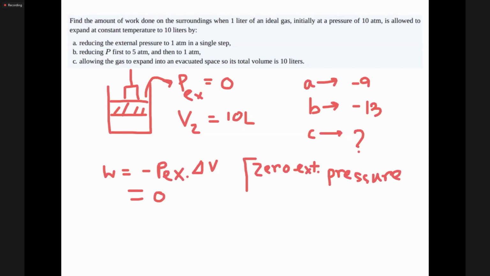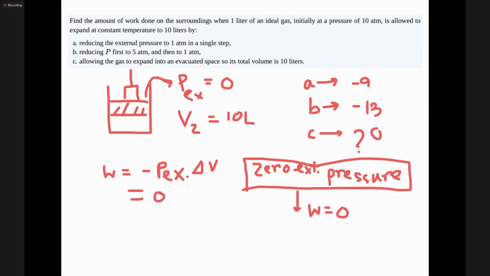The physical meaning of this is that there is no work done by the system because it is working against a net zero force. There is nothing to oppose the expansion of the gas. That's why against a zero external pressure, the work done will be equal to 0. So here in case of C, the amount of work done is 0 liter atmosphere.